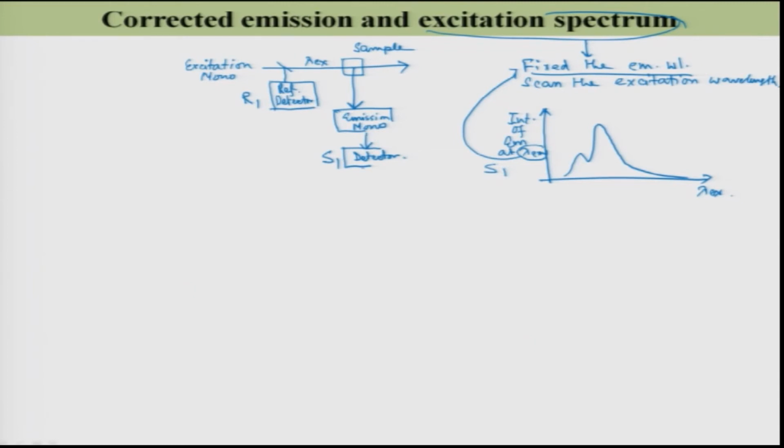If I simply plot S1, then the emission intensity coming out of this sample is a function of concentration, concentration remains same, so there is no concentration dependence, and it is also a function of excitation light intensity. And if you remember, I said that the lamp is not ideal, right. That means, the output intensity of different wavelengths coming out of the excitation lamp, here is my lamp, is not constant, is not a horizontal line.